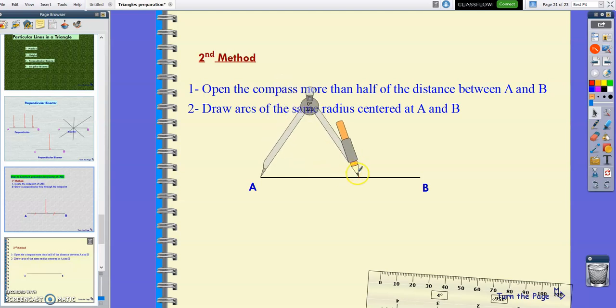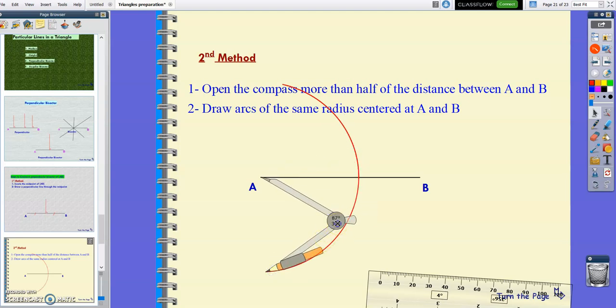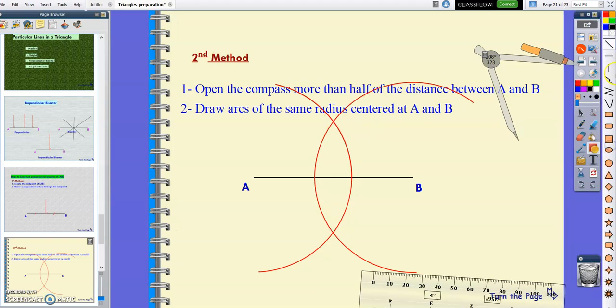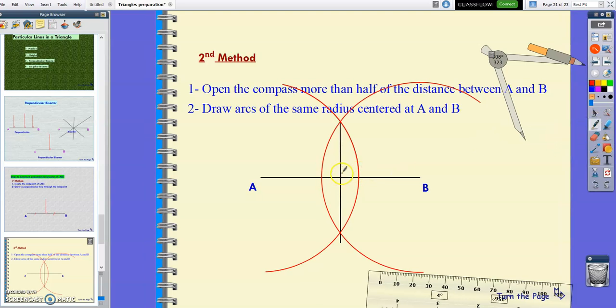Then we will draw two arcs. So this is the first arc. Then we will put the compass on the point B and we will draw another arc. We got two intersection points, just connect them like that. So this line is the perpendicular bisector of the segment AB.